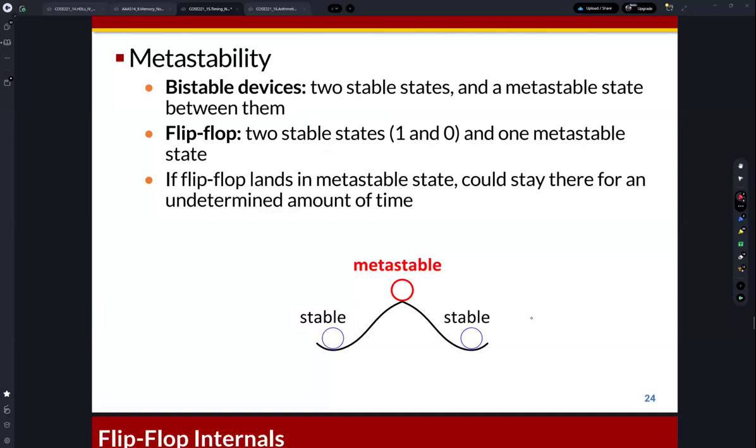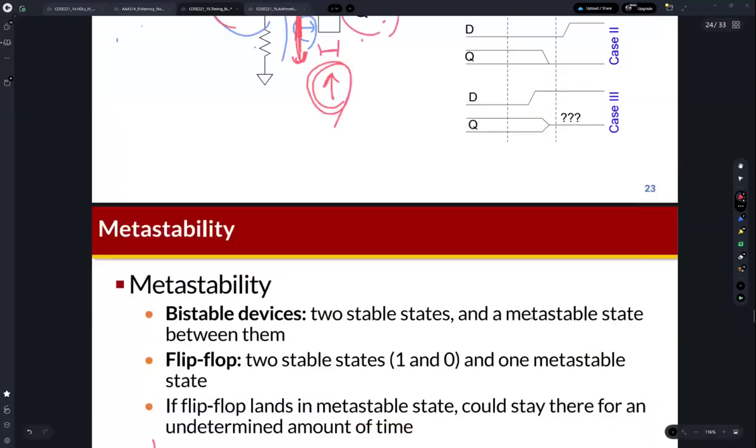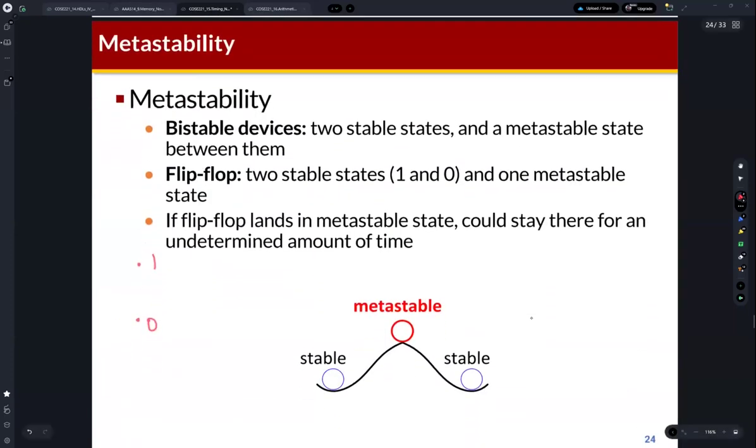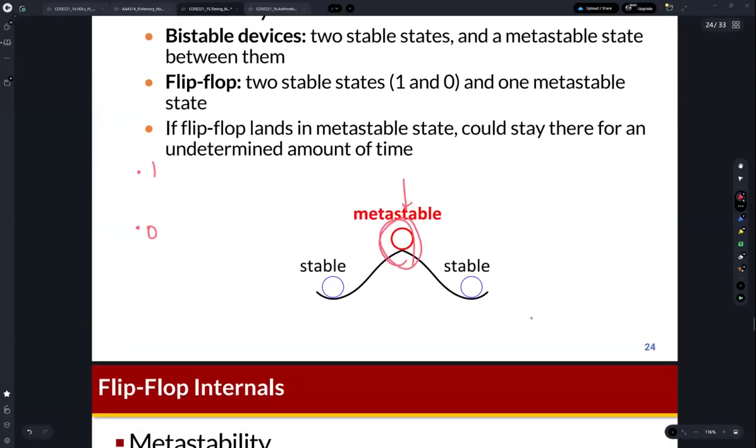It means the digital signal needs to have a value of zero, the low voltage level, or a value of 1, the high voltage level. The digital signal needs to have one of these two states, 0 or 1. But because of this asynchronous input to the D flip-flop, the state can be in this unstable state.